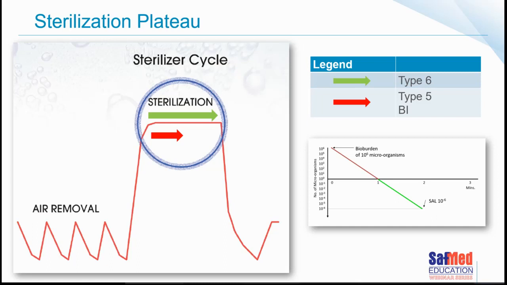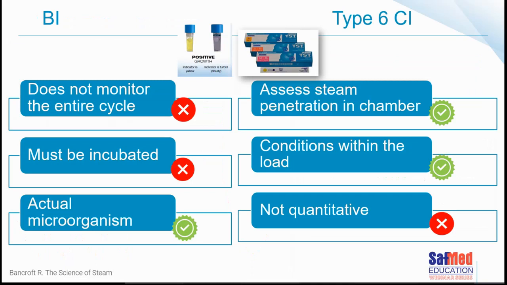type 6 chemical indicator. Now remember, a type 5 chemical indicator is designed to react the same way as a biological indicator. So we use biological indicators and type 6 chemical indicators in the South African setting quite a lot. They both have a role to play in our sterilization monitoring processes.